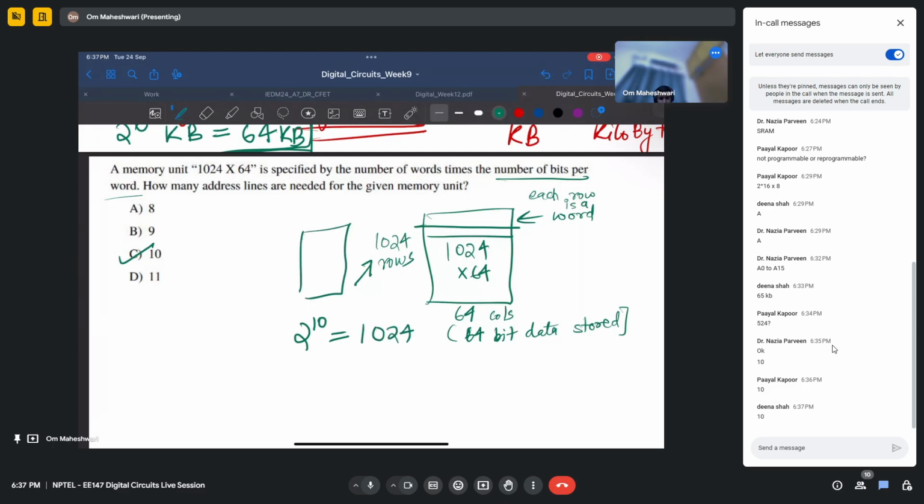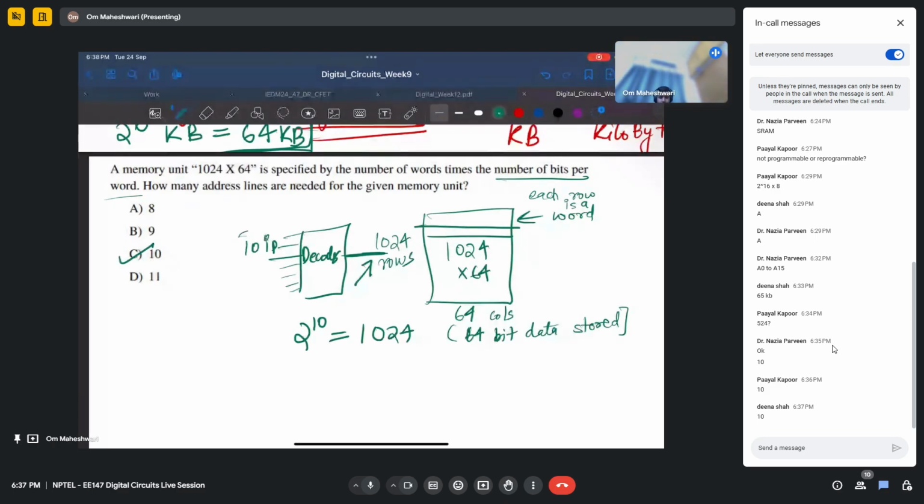So you need a 10 input decoder here, which will access these 1024 rows.